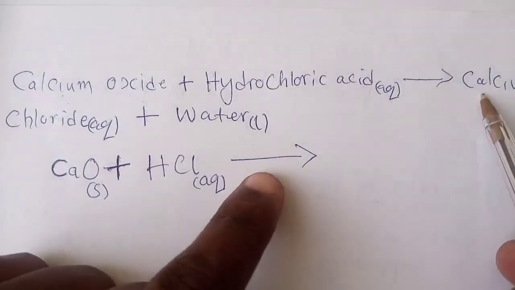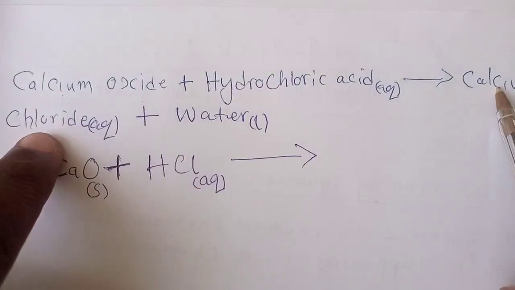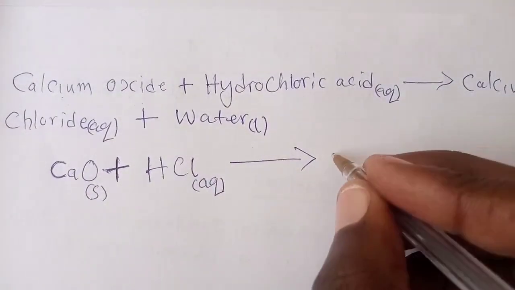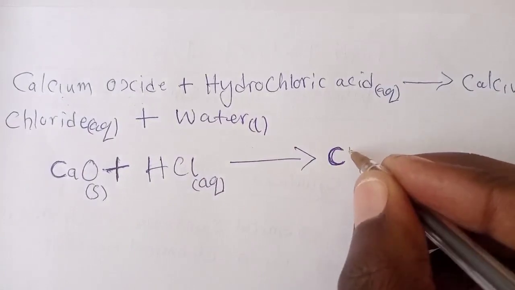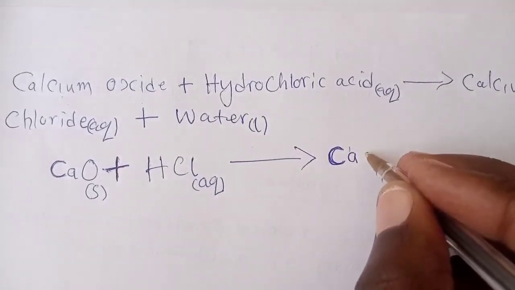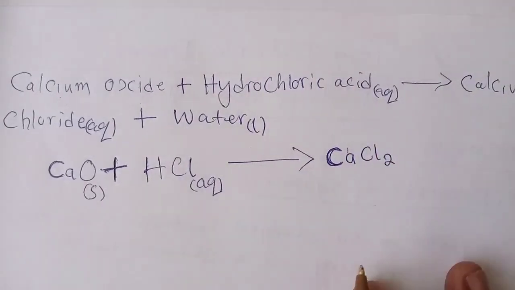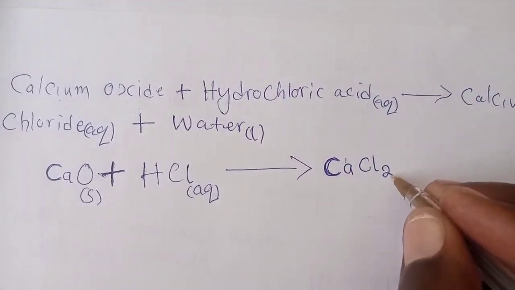So when these two swap their valences, calcium will give chlorine 1, then chlorine will give calcium 2. So calcium will get 1, but don't put 1, you can't put 1. Then chlorine will get 2, like that.